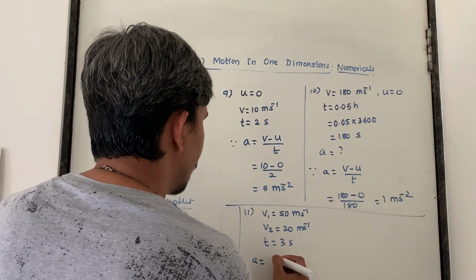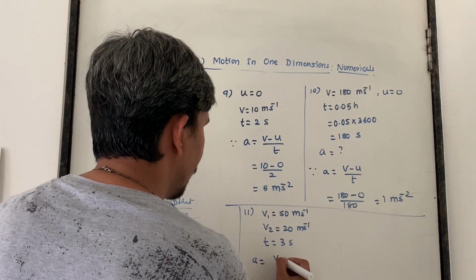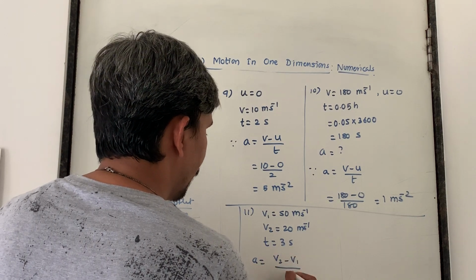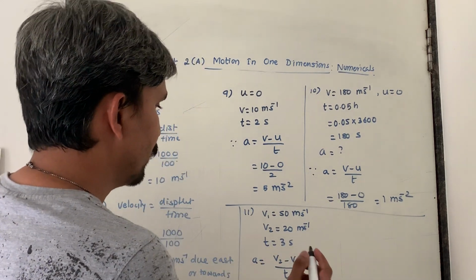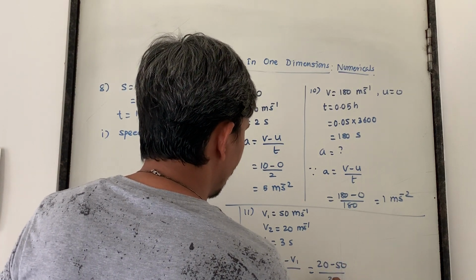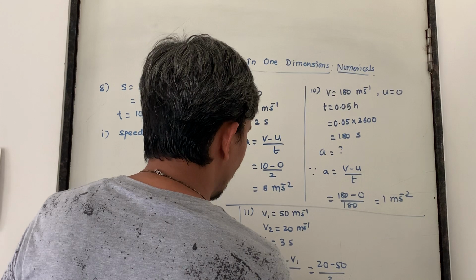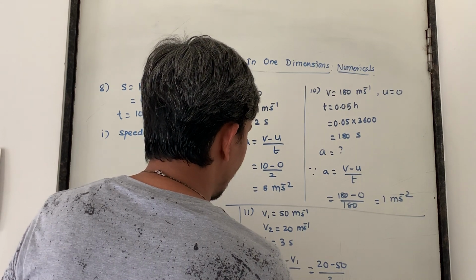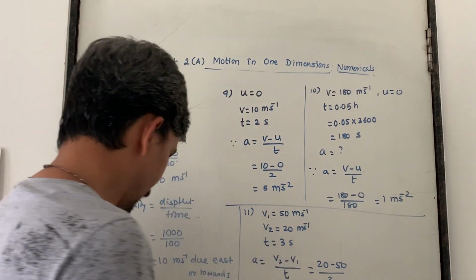So I can write this is v, final velocity, v2 minus v1 upon t, right? v2 कितना हो गया हमारा, that is 20 minus 50 upon 3, that is minus 30 upon 3, which is minus 10 meter per second square, right?